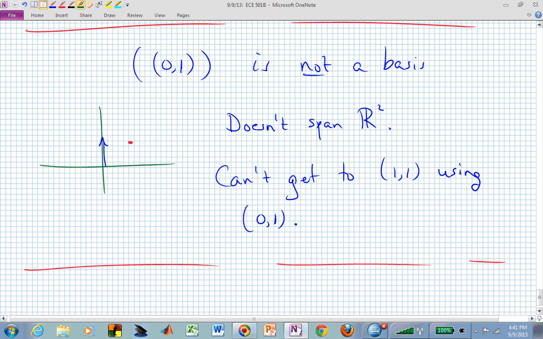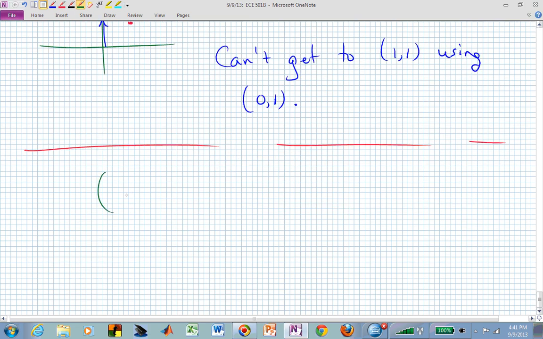Suppose that I give you the following set of vectors, 0, 1, 1, 0, and 1, 1. Is that a basis? Yes or no?